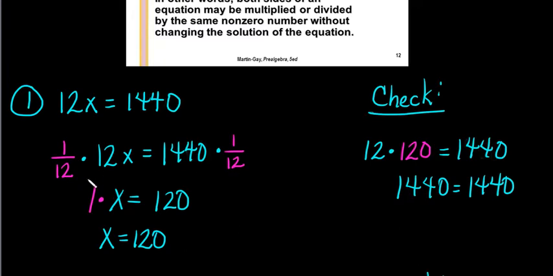So that now I just have 1 times x, and I just wrote this to show you that 1/12 times x really does equal 1. It's really there, we just don't always show it. So when I multiply this side by 1/12, I get 120. So when I check it, I substitute 120 in for my x, you'll see that it does equal 1,440.